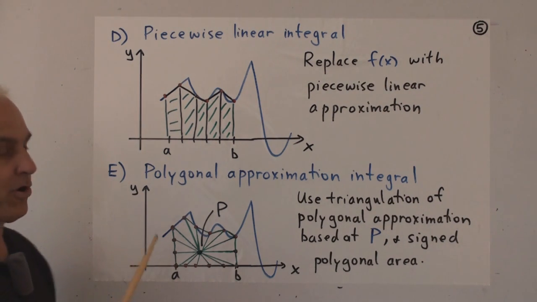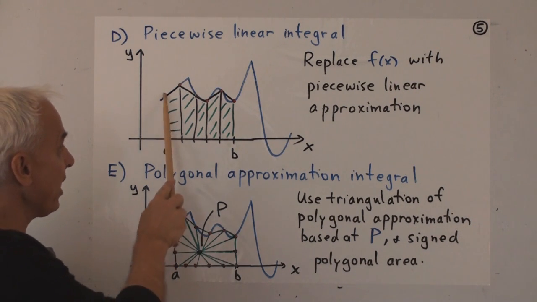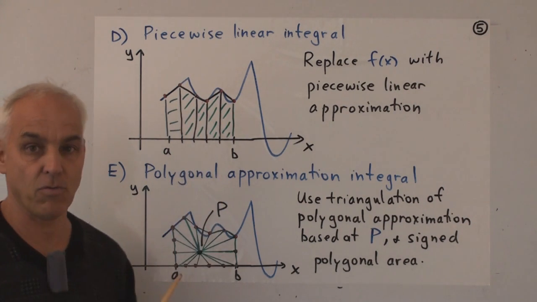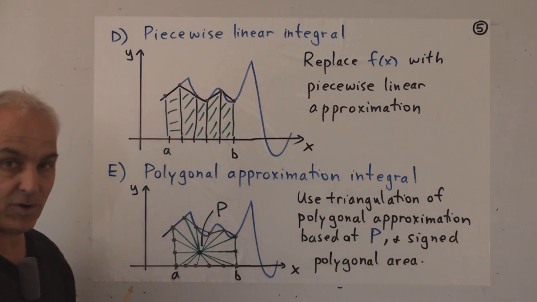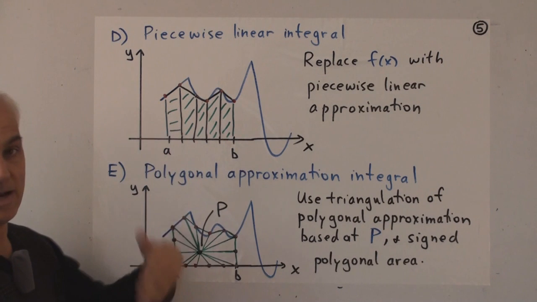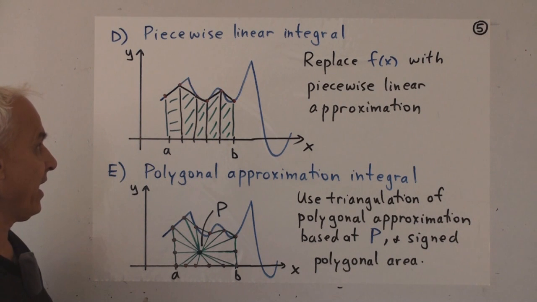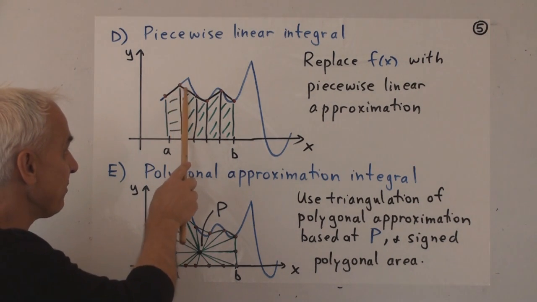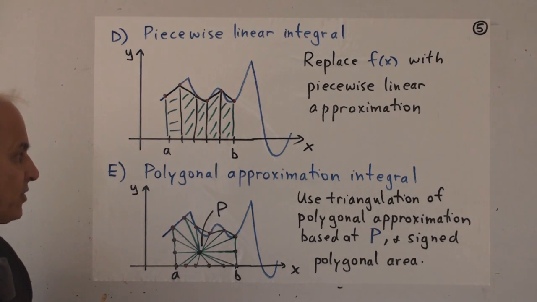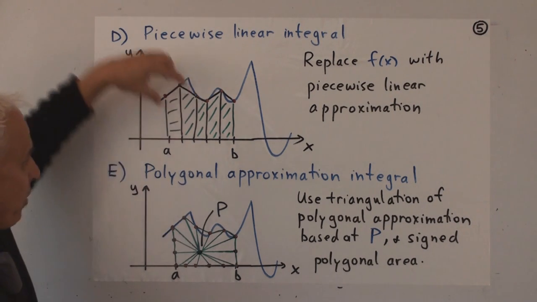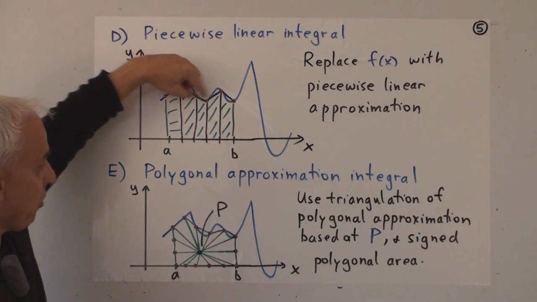So you get a simpler version of the function, an approximation to the function, and then the area under that piecewise linear function is going to be relatively easy to calculate, just a bunch of trapezoids. That area is an approximation to the area underneath the function, and the closer these points are spaced together, the better the approximation will be. So again, it's another limiting procedure where the piecewise linear approximation becomes better and better by choosing more and more points.